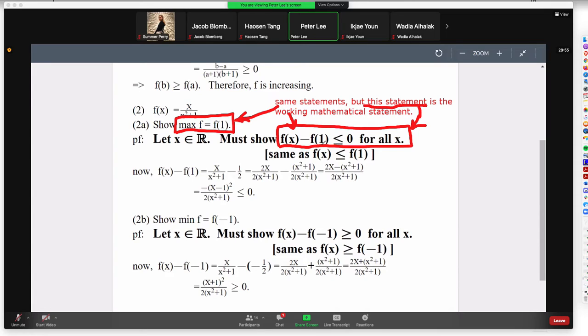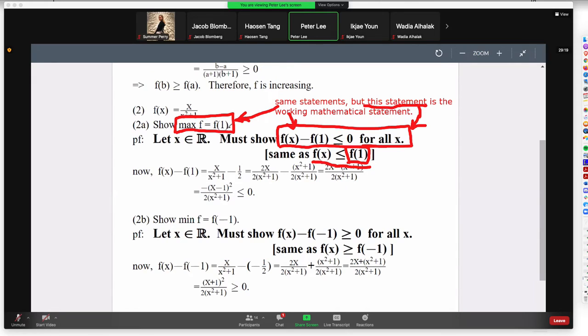And then the other box over here is f of x minus f of 1 is less or equal to 0 for all x. That's the same thing as saying f of x is less or equal to f of 1. And if f of x is less or equal to f of 1 for all x, of course that means that f of 1 is the biggest guy, and that shows that f of 1 is the maximum. Okay?